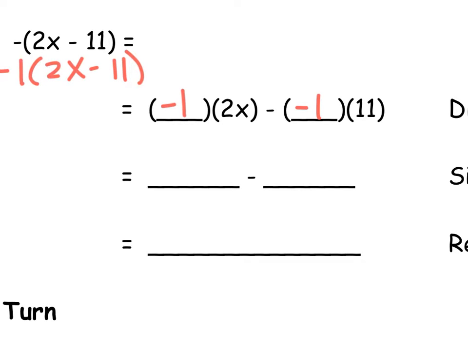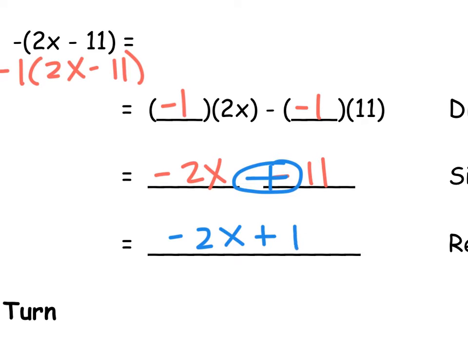When we multiply, we get negative 2x. Negative 1 times 11 is negative 11. Again, we're going to turn these two negatives into a positive, so we end up with negative 2x plus 11.